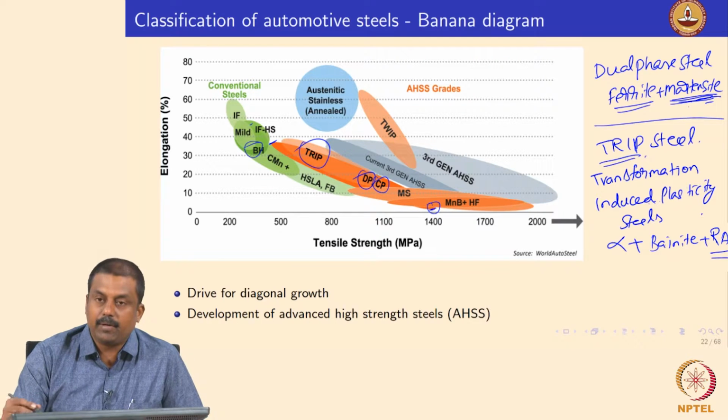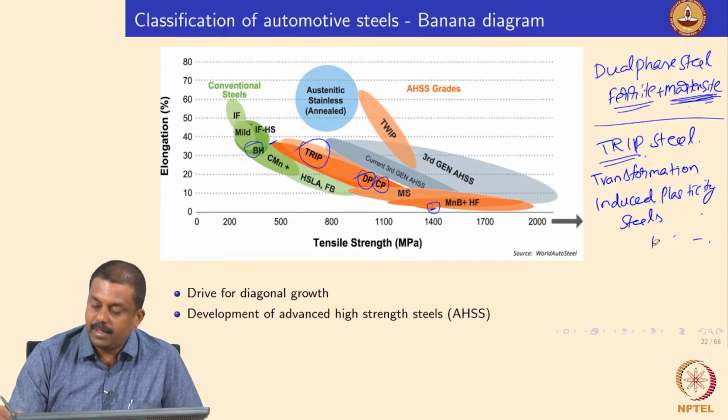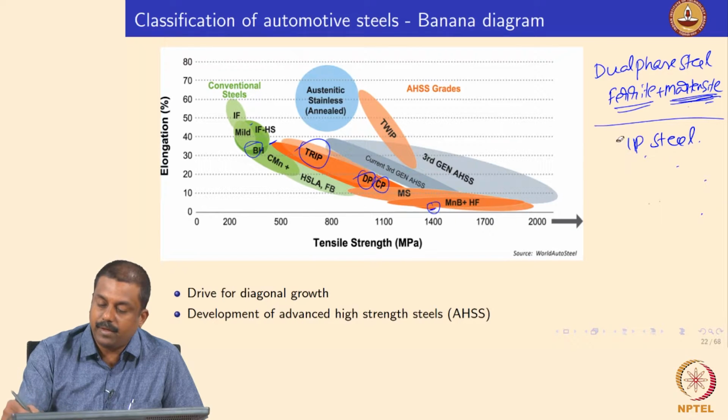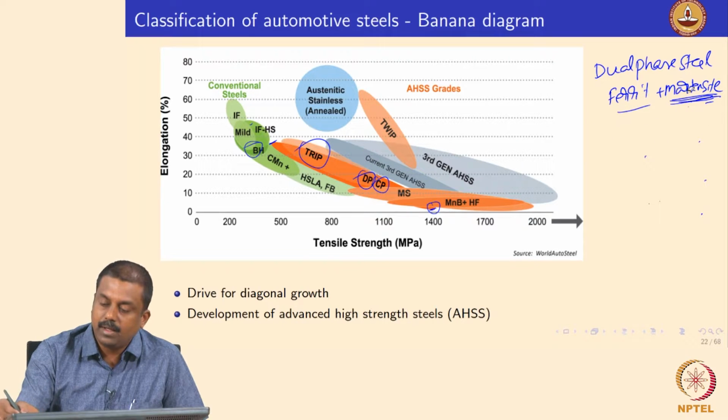And they provided much needed lightweighting possibilities because of the increasing strength the steel possesses, as well as the ductility which is needed to form the components of the auto parts.